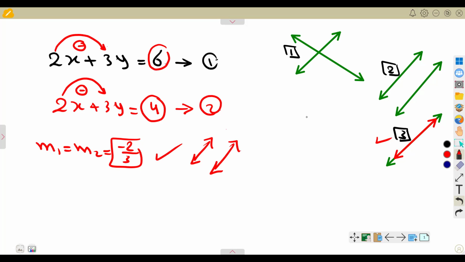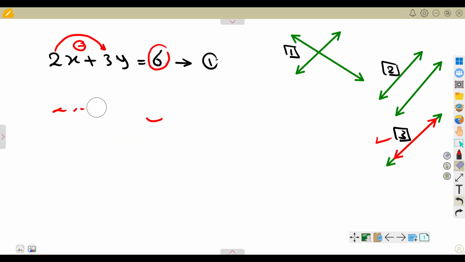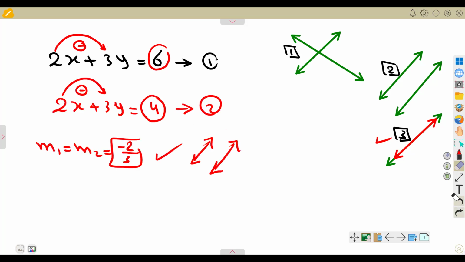Okay. What about the last case? I still don't get how you got minus 2 over 3. This is a rule. The slope for the equation ax plus by plus c equals 0, as I said in the first session, when we want to get the gradient, it's negative a over b.